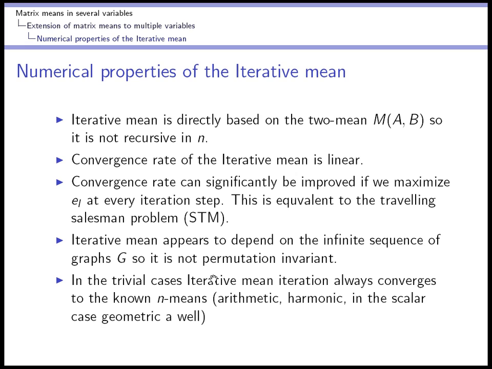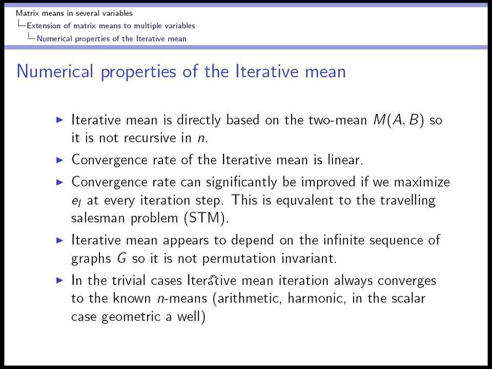Therefore, it is hard to compute even for 4 variables. A very good example is the geometric mean: when we want to compute the 3-variable geometric mean, which is based on a similar procedure, we are going to have problems if we want to go to 4 variables with such a definition. But this definition doesn't suffer from this kind of recursivity.